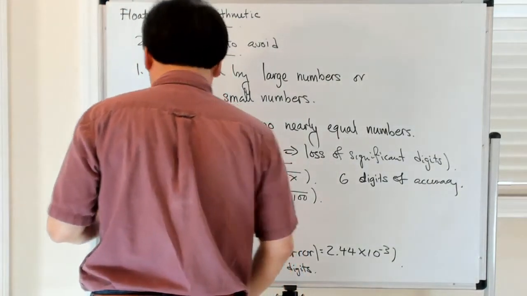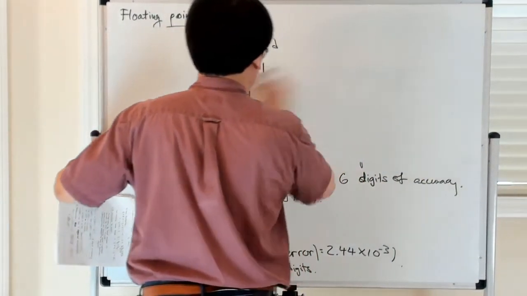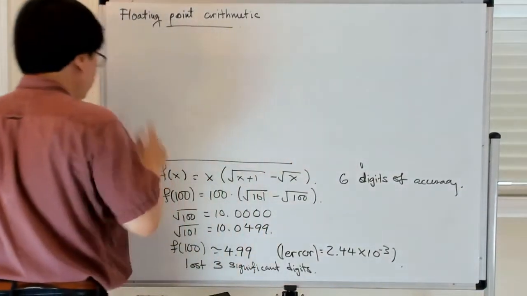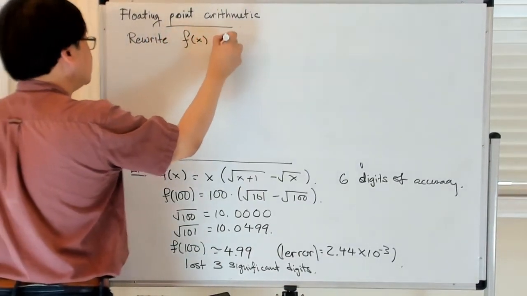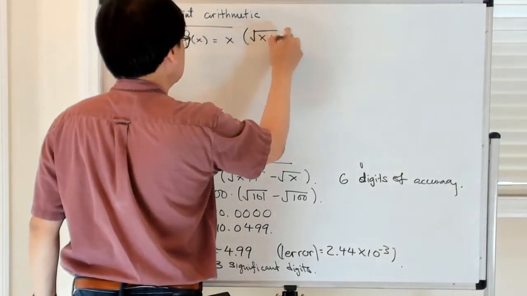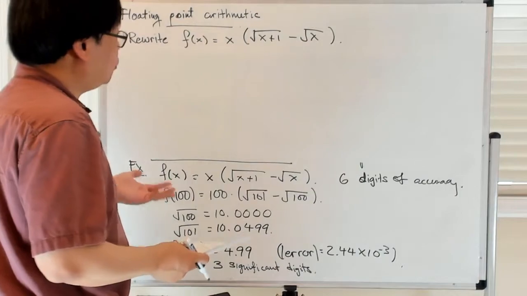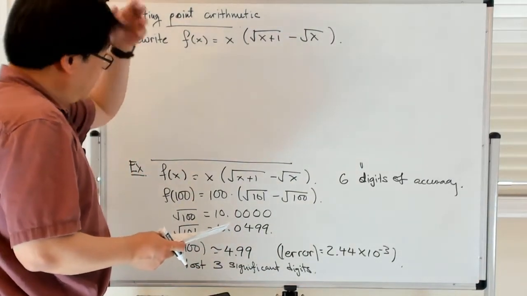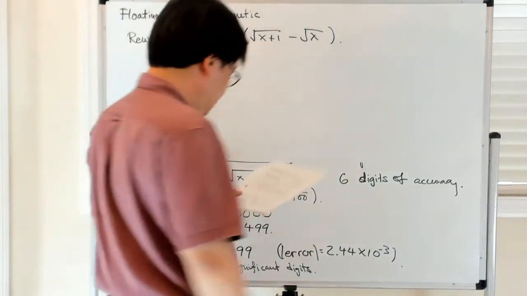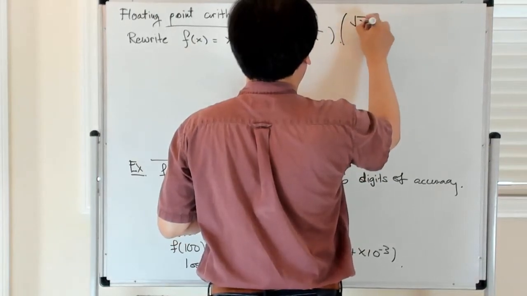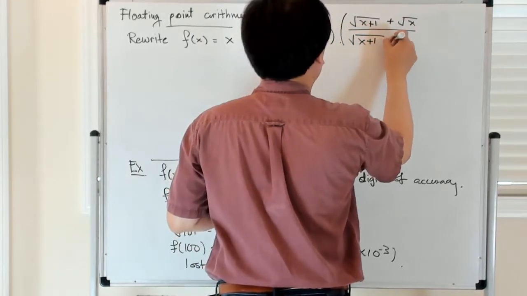So let's see what happens. I want to rewrite f of x, which is x times (square root of x plus 1 minus square root of x). What you can do is multiply that expression by a quotient which is 1, in the following way: the square root of x plus 1 plus the square root of x, divided by the square root of x plus 1 plus the square root of x.